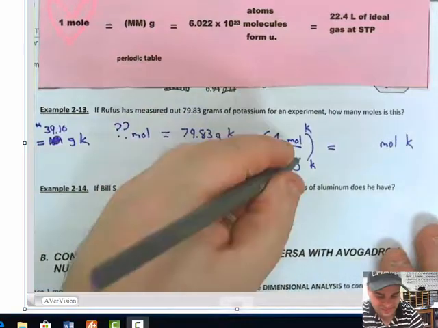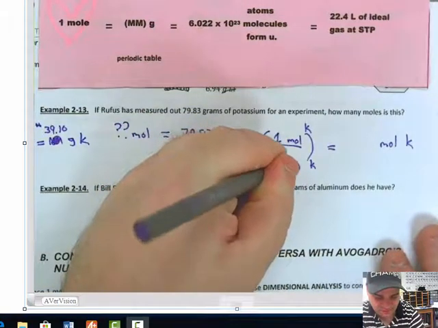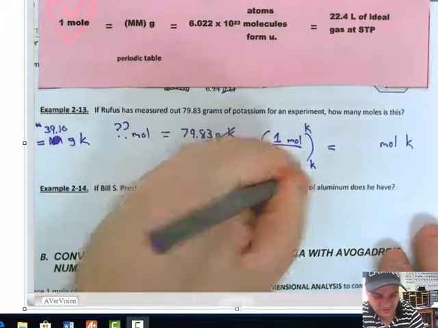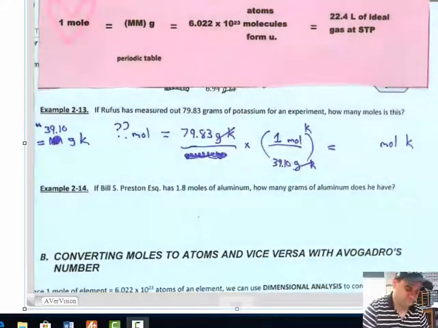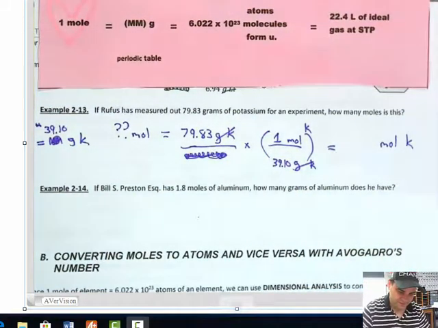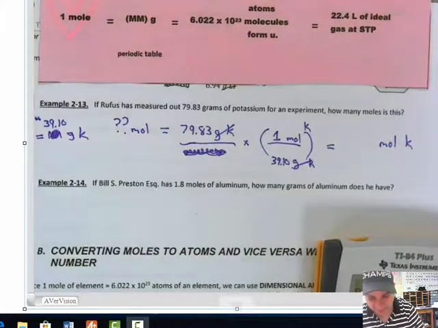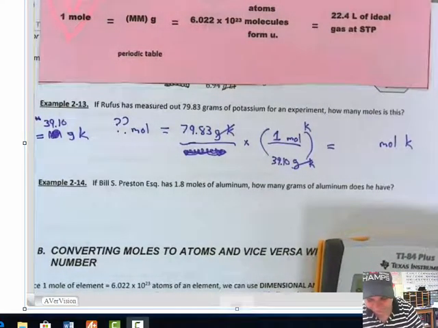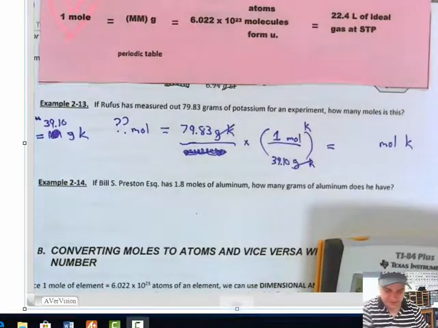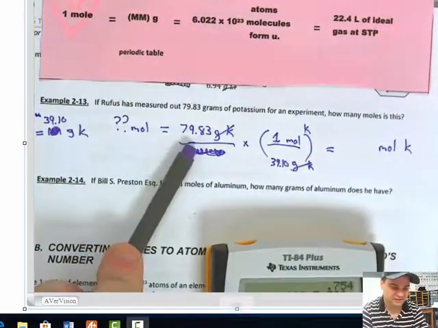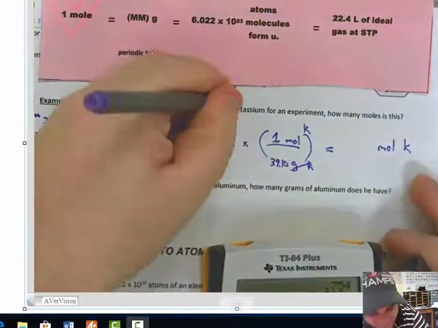We're going to use the molar mass, 39.10. Swish, swish, leaving me with moles of K, which is what I'm looking for. And then I do this on my calculator. You see that this number has 4 significant figures.